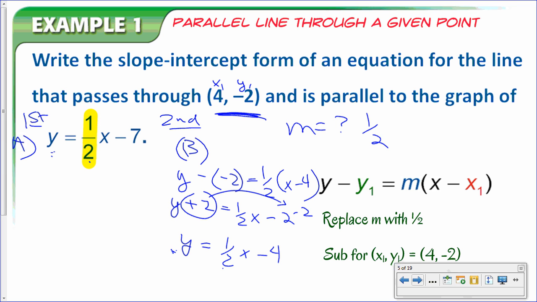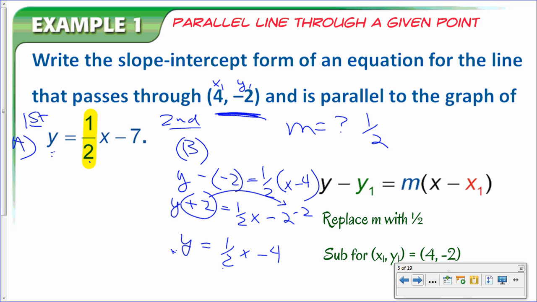Which equation was that? That was what? Y equals 1/2 x minus 4. And then this one was, yeah. Oops.